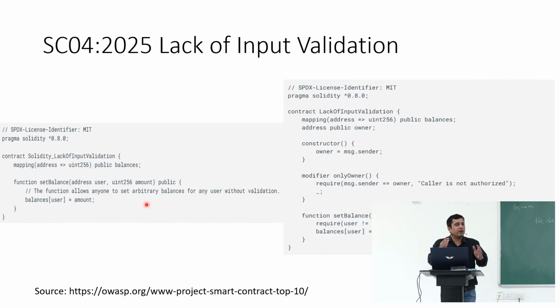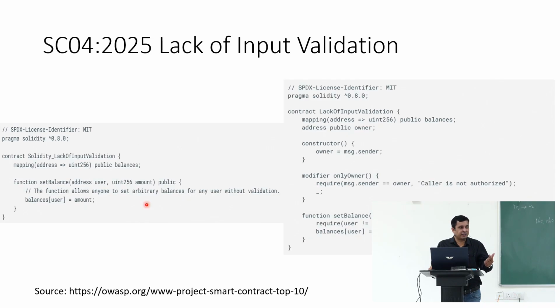Suppose I am invoking this function, in that case I can set any balance, because my input is not verified. Whether I am allowed to set that balance, whether I have that balance, that should be checked. So input validation should be taken care of. If not, anybody can set my balance.